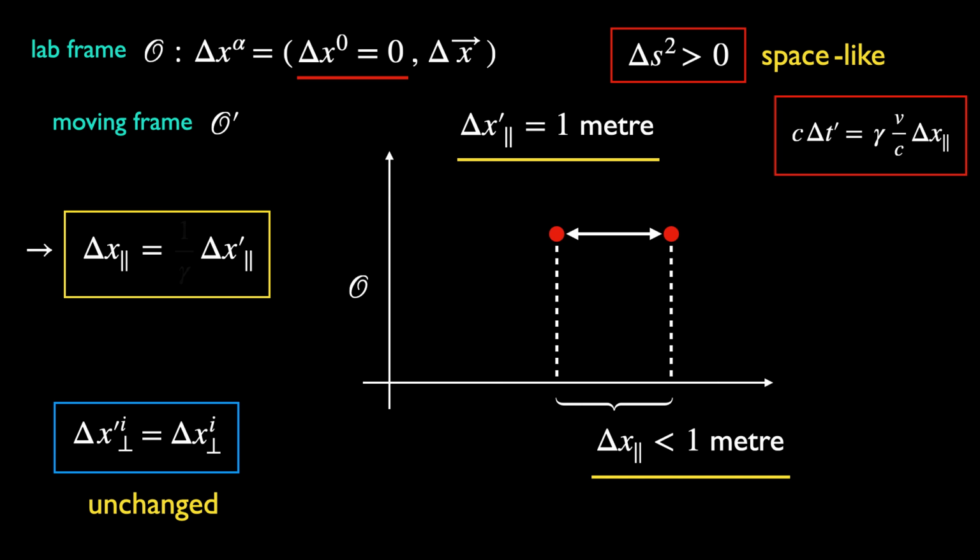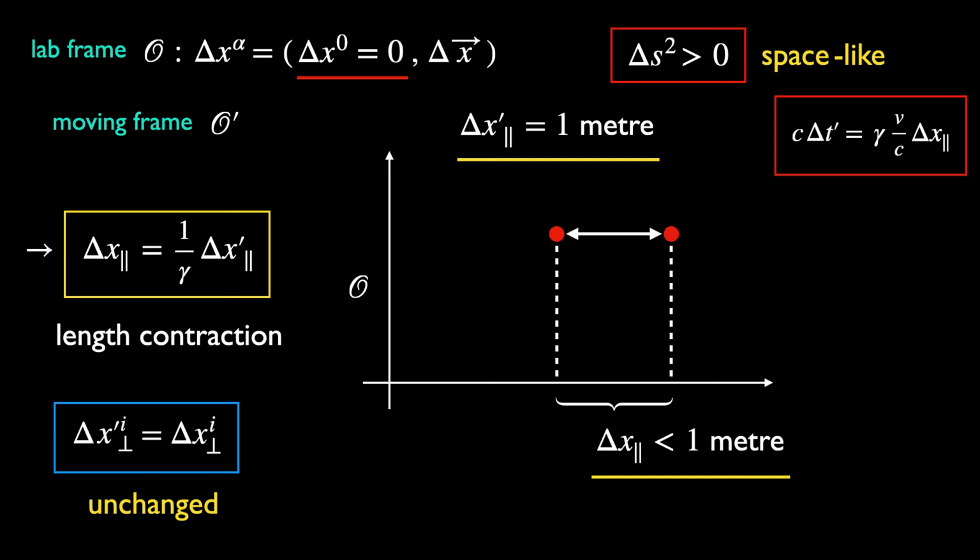This is because 1 over gamma is always less than 1. This is the effect of length contraction. It is the shrinking of a moving ruler as measured by a reference frame that the ruler is moving in.